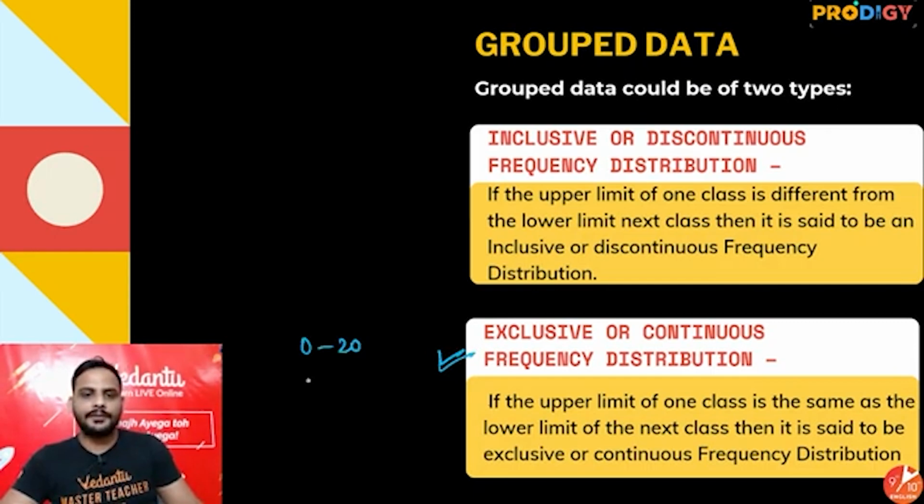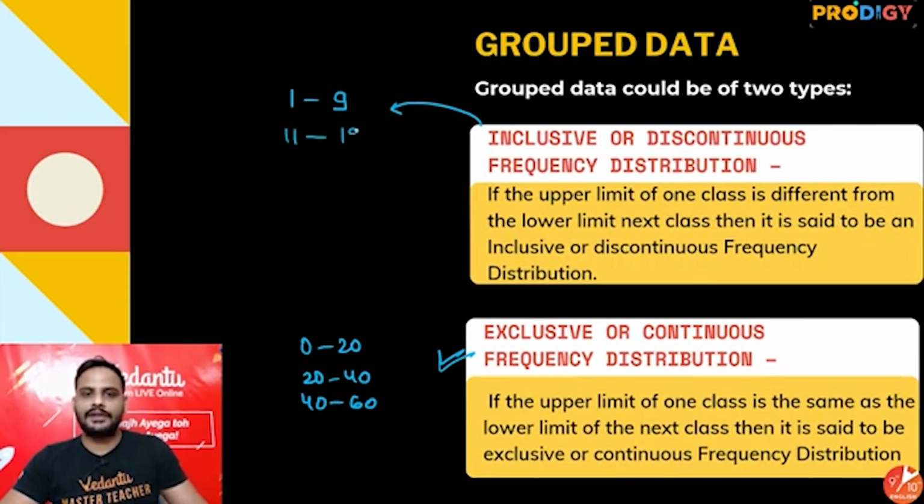Suppose 0 to 20, 20 to 40, 40 to 60 and so on. In the inclusive or discontinuous type, these things are not equal. For example, 1 to 9, then 11 to 19, then 21 to 29 and so on.